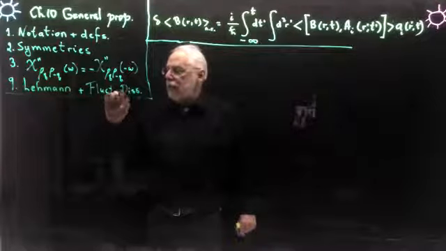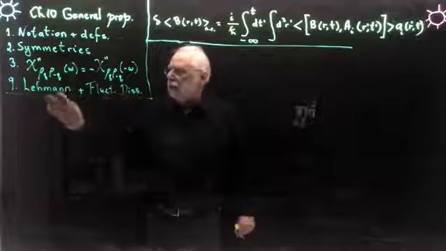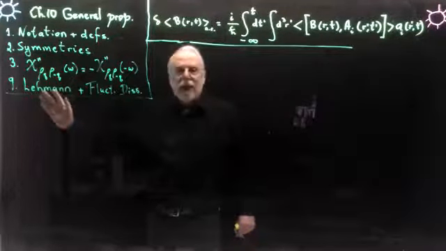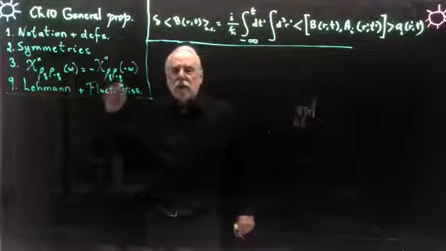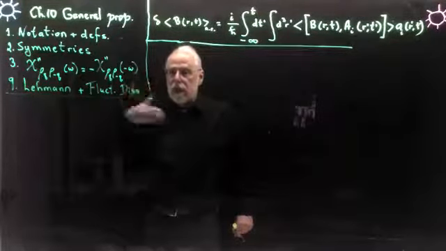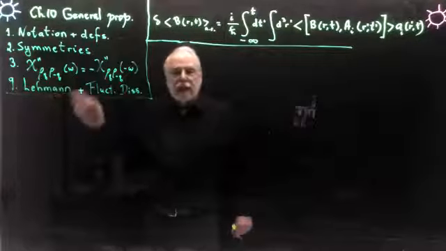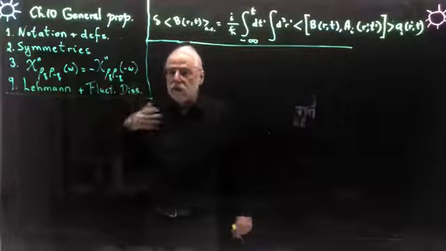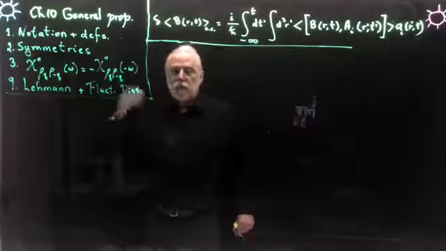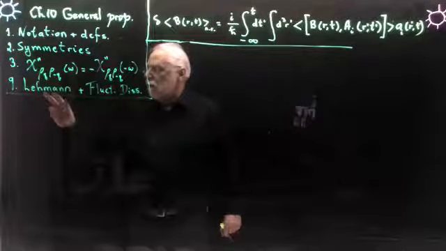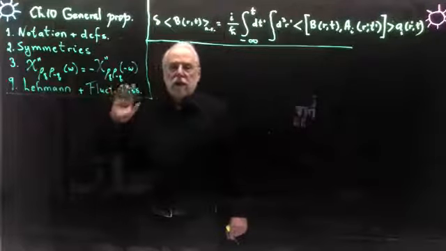But to save some time, I will prove the fluctuation dissipation theorem using the so-called Lehmann representation. I will show this Lehmann representation is a way to rewrite the correlation function in an exact manner that is useful for exact diagonalization, but also very useful to prove some exact results.